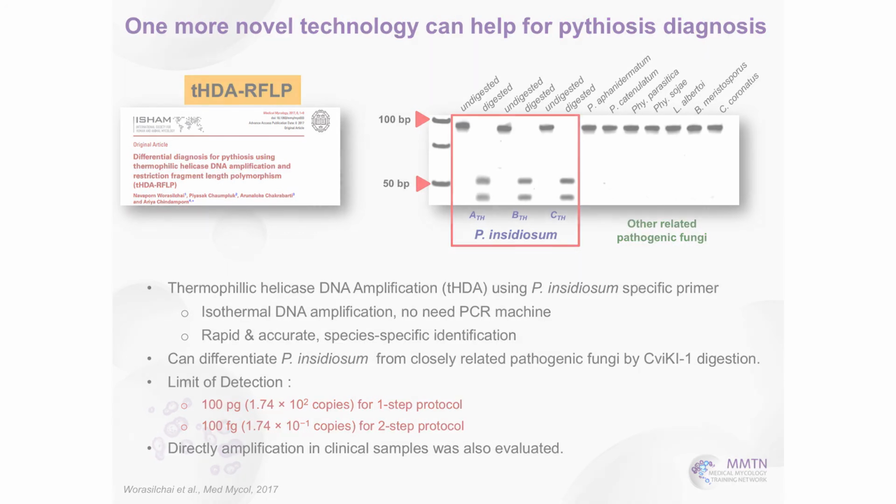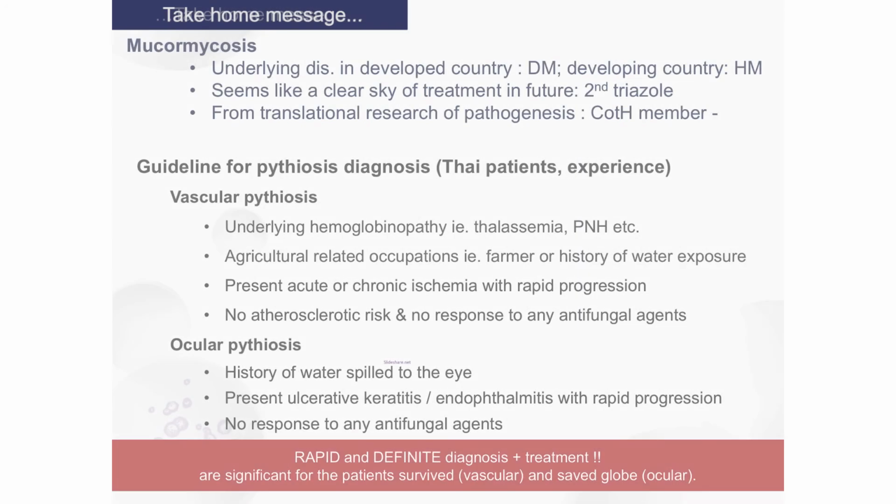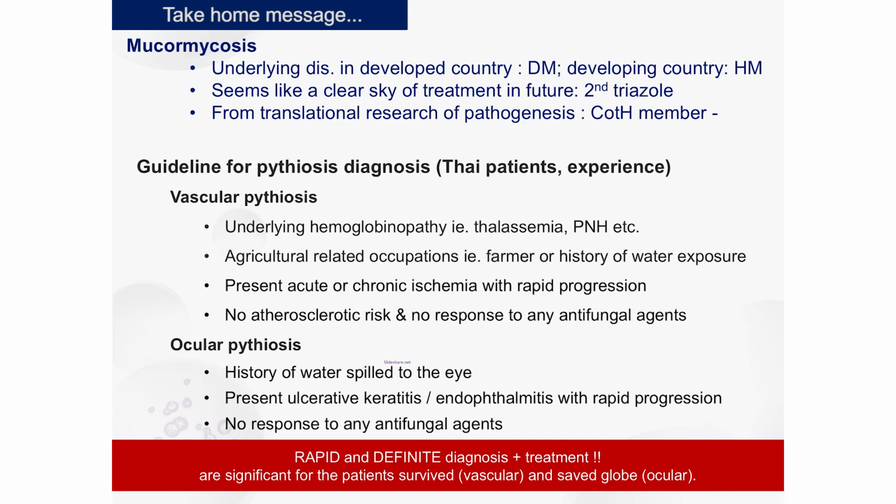And may I just give you some take-home message that I already talked. The mucormycosis, underlying disease is changed from, not it's changed, but it's something different profile. The DM in developed country, yes, sorry to use this word, and developing country more for the hematological malignancy.